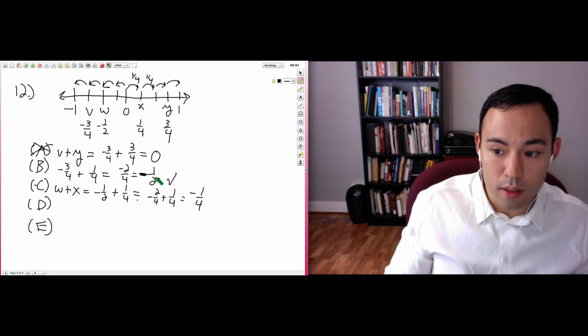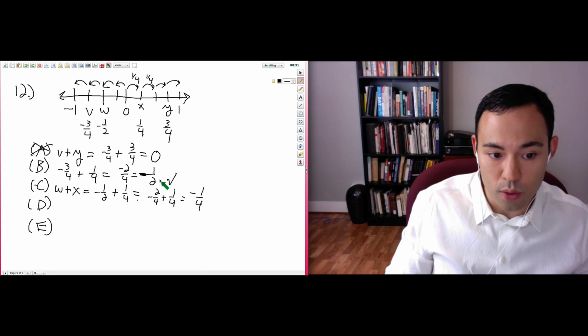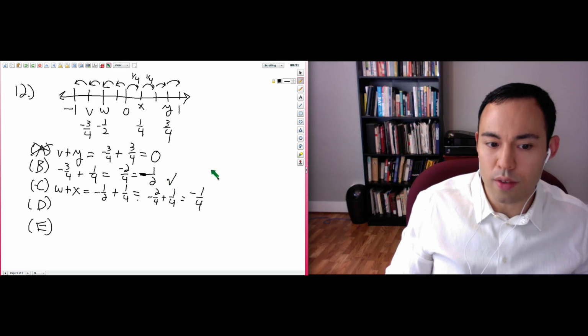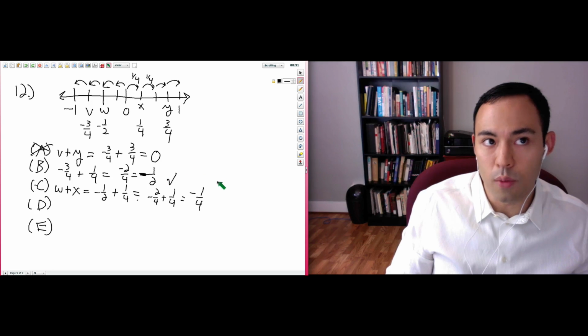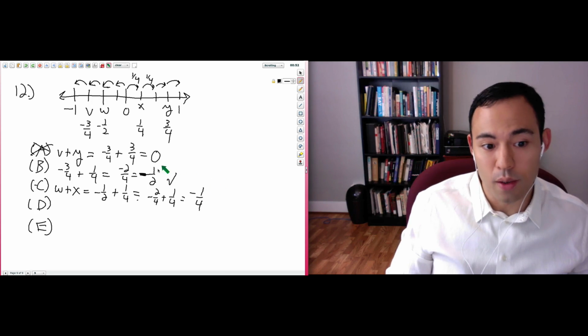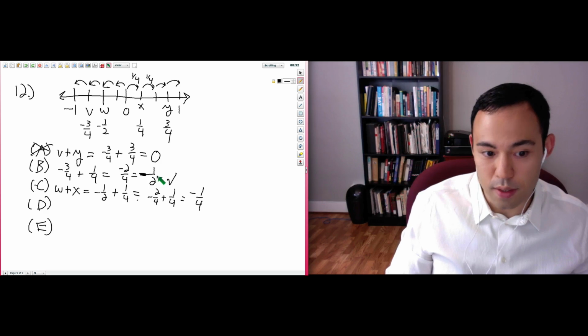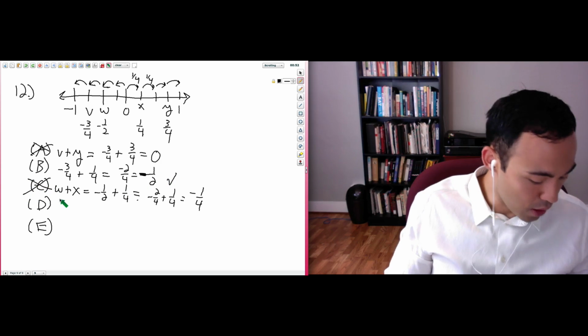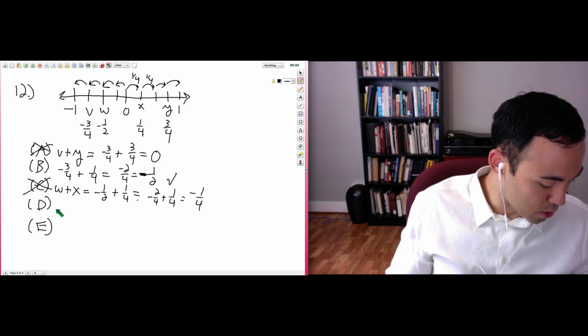Now what's the lesser of the two in value? -1/2 or -1/4? It's going to be -1/2. And if that doesn't make sense right away, just think, what is being in more debt? Owing a quarter or owing 2 quarters or 50 cents? So 50 cents is being in more debt, so it's a lesser value than expression C.